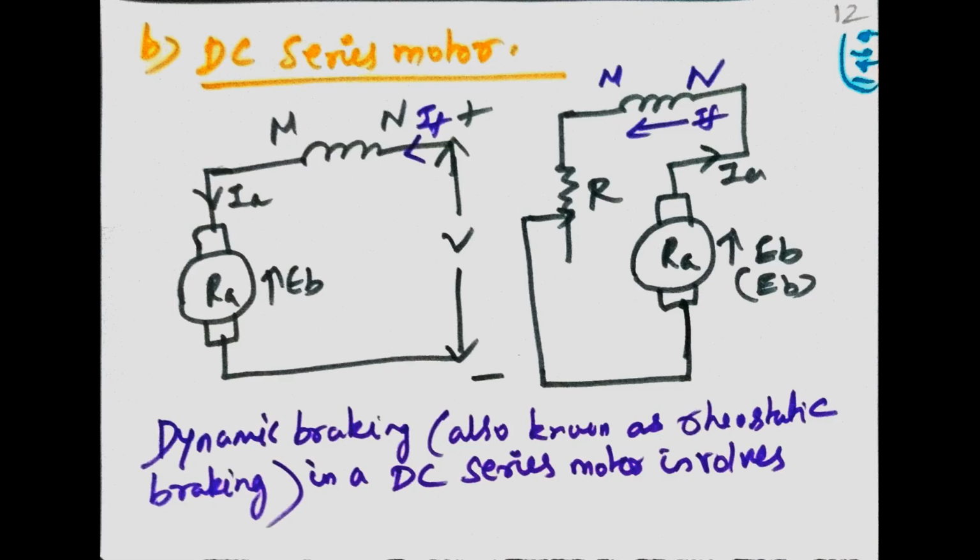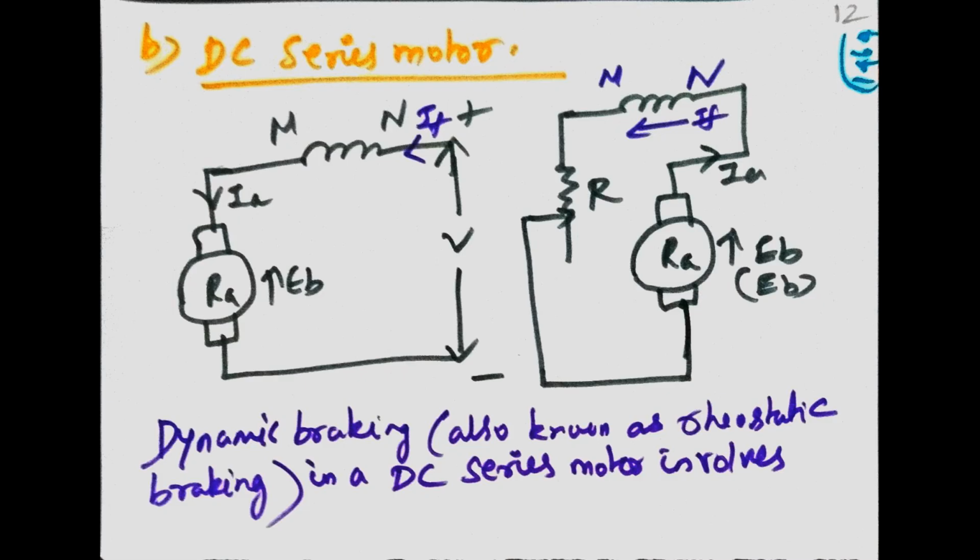Dynamic braking, also known as rheostatic braking, in a series motor involves converting the motor's kinetic energy into heat by disconnecting it from the supply and connecting a resistor across the armature. This forces the motor to act as a generator, producing a braking torque that slows it down.